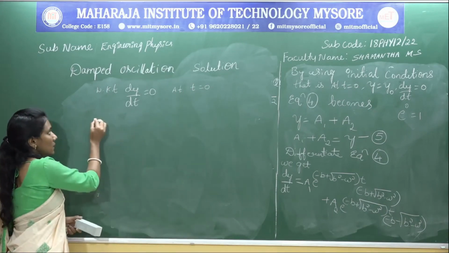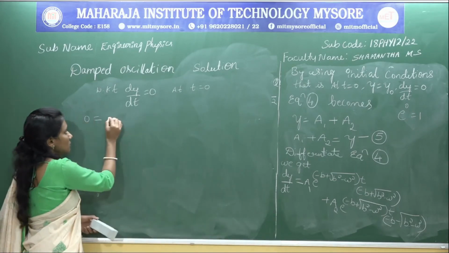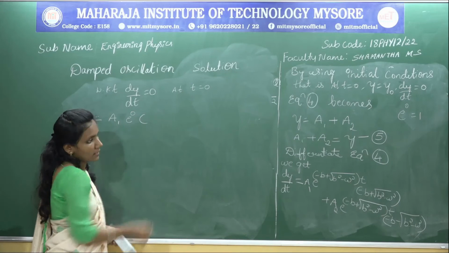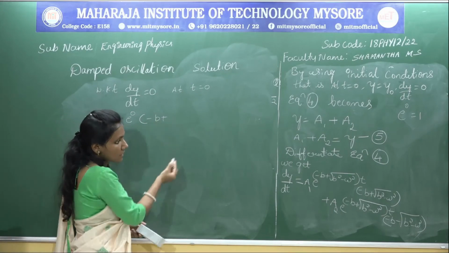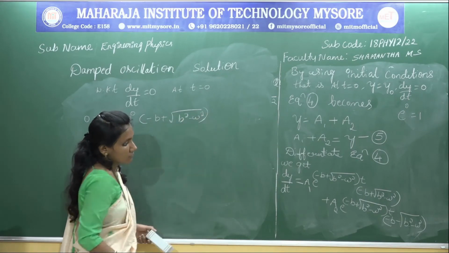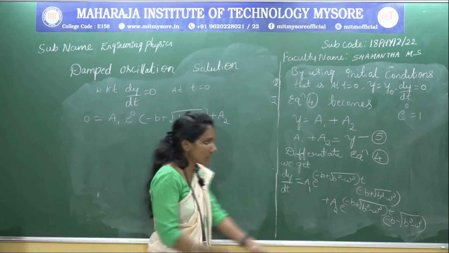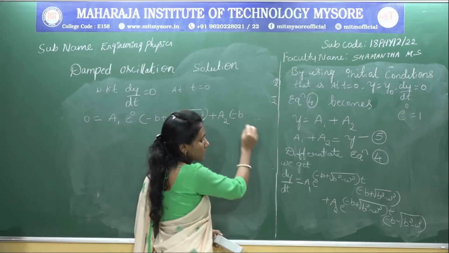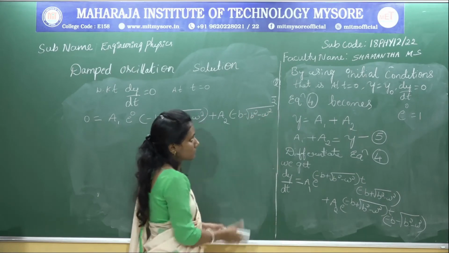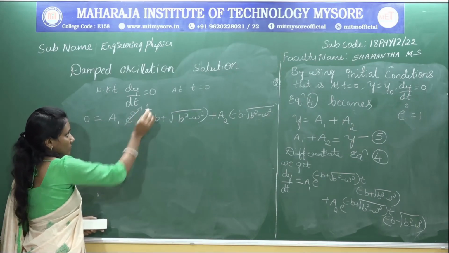So the equation becomes 0 is equal to a1 e to the power of 0, which becomes 1, times minus b plus root of b square minus omega square, and in the second term a2, e to the power of 0 again becomes 1, times minus b minus root of b square minus omega square.